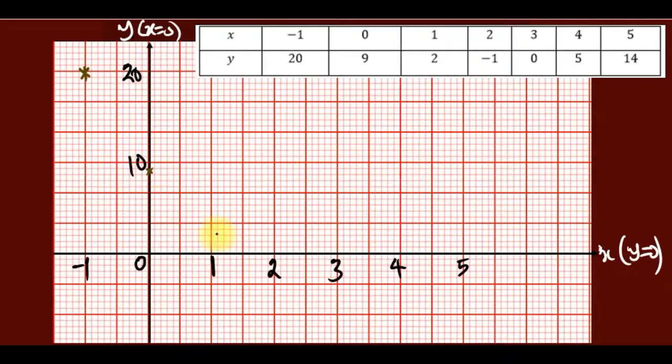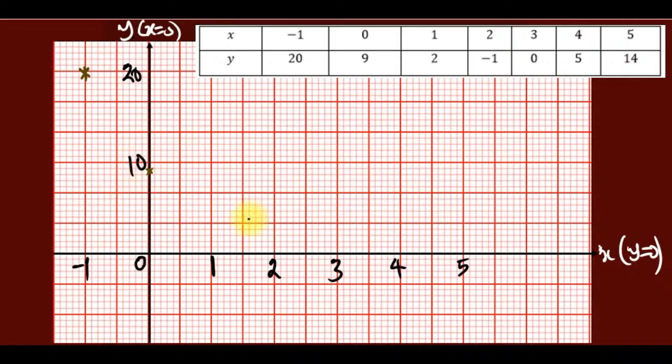So that's it. When x is 1, y is 2. So we'll divide 2 by 0.667 so that we'll locate 2 on y. So we have 2 divided by 0.667. We have 2.9, almost 3 grid lines.